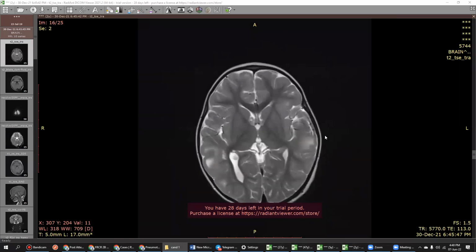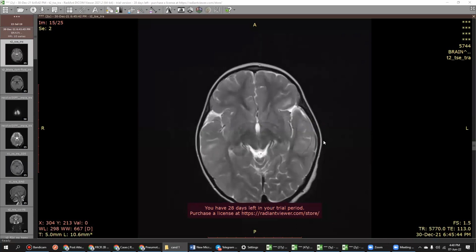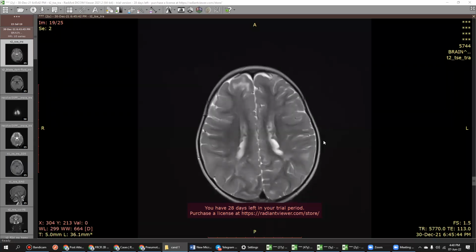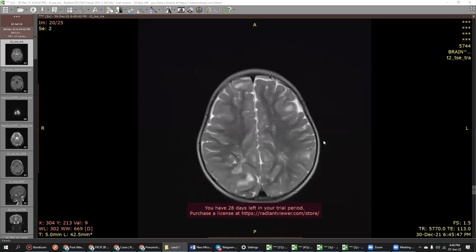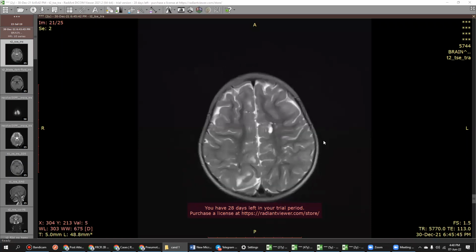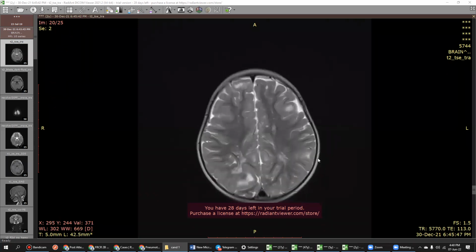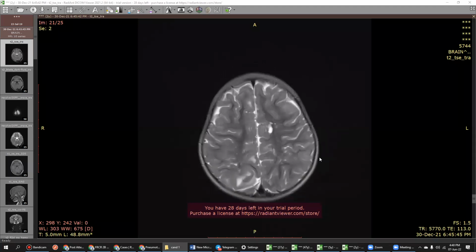Okay, so the stacking abnormality, I can see there are some areas of T2 hyperintensity in the subependymal regions, and there are some T2 hyperintense foci in the cortical and subcortical regions of brain parenchyma bilaterally.